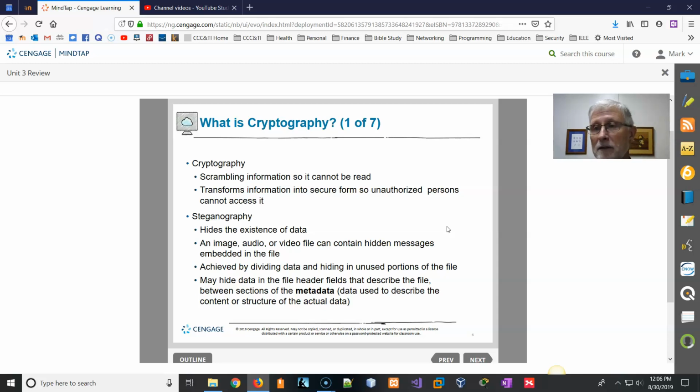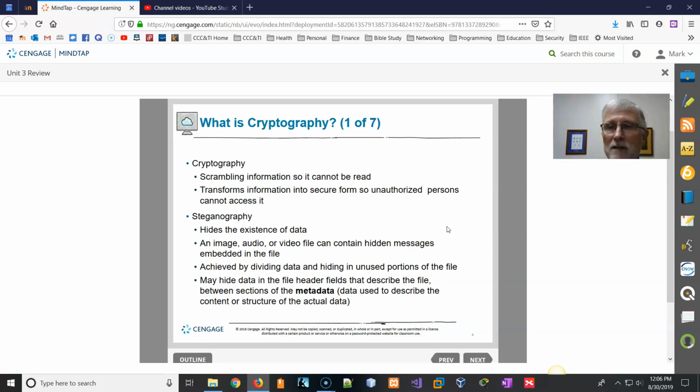You probably used it in grade school, passing notes to your girlfriend or boyfriend. In this case, it transforms information into a secure form so that people you don't want to see it can't understand it, can't access it, can't read it.